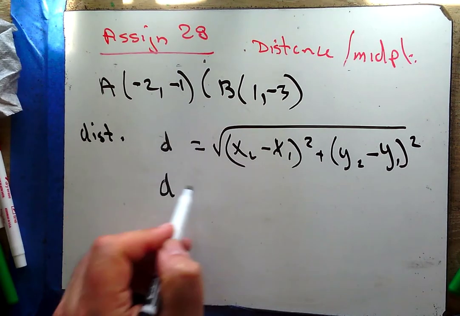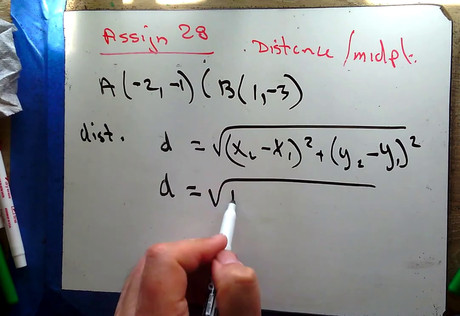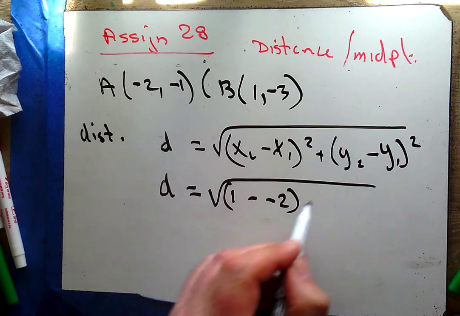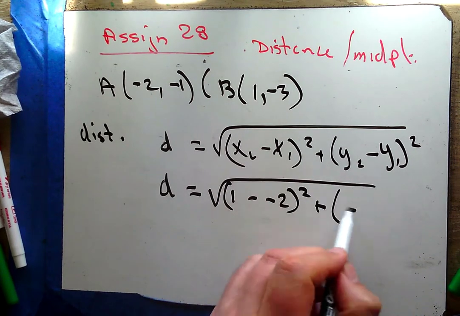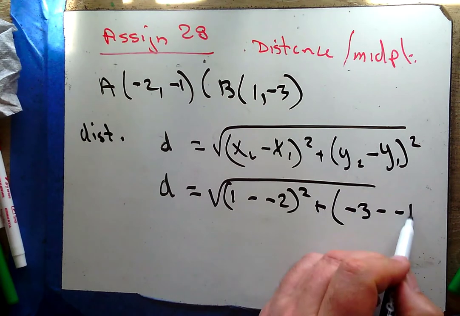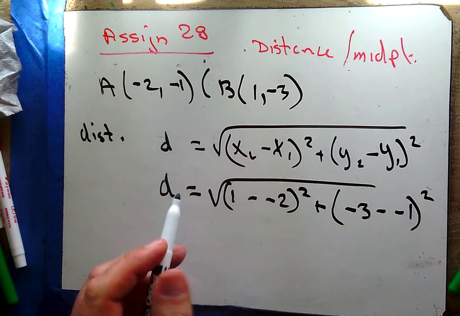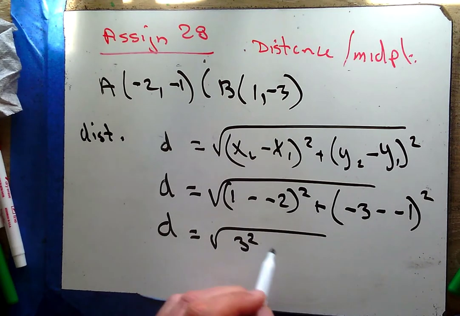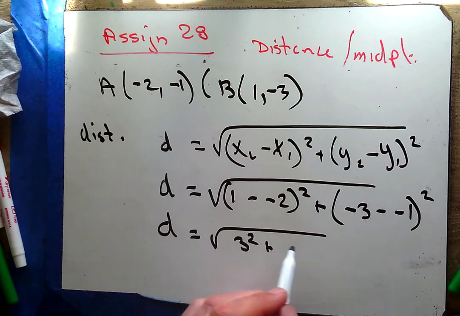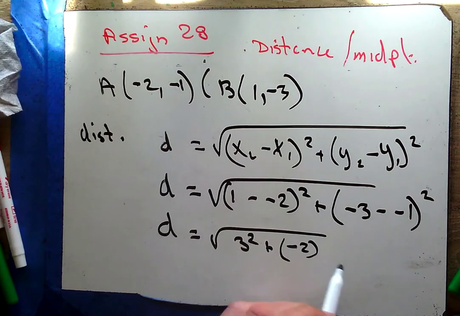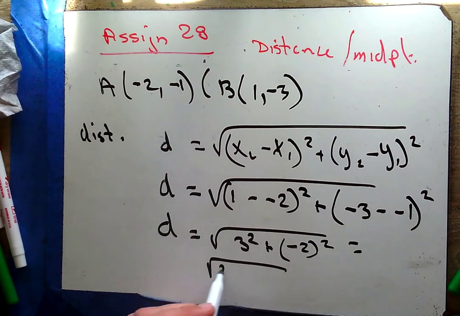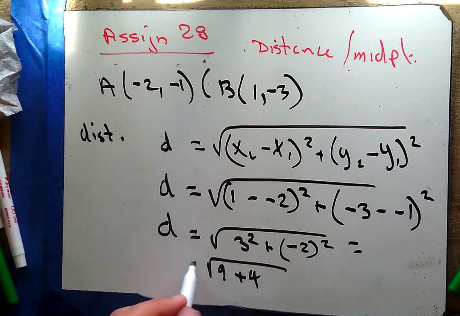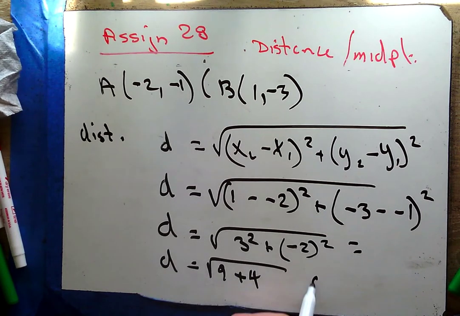Okay, so the distance will be the square root of (1 minus -2) squared plus (-3 minus -1) squared. That's going to be 3 squared plus -2 squared, which is the square root of 9 plus 4, or d equals the square root of 13.